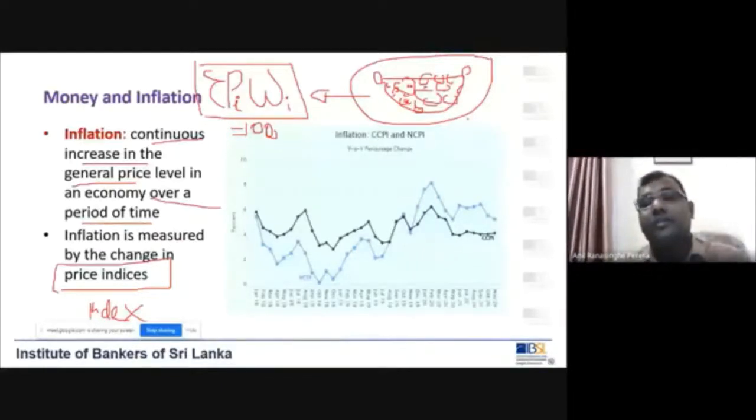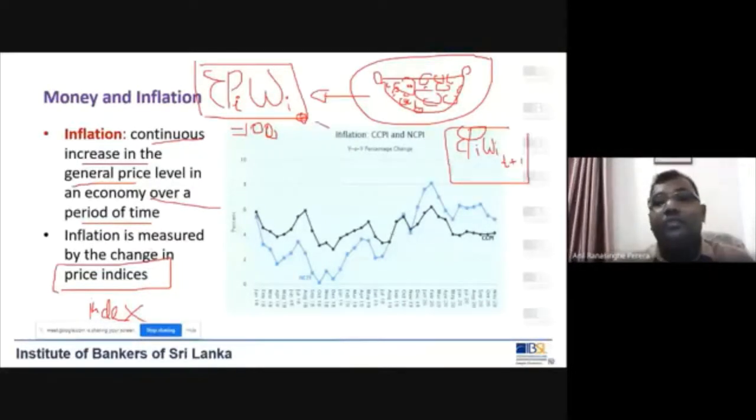Based on the index, how do you measure the price increase? To do that, you have to take another year. So let's say this is the base year, year 0. You calculate the same price of the basket for another period, let's say it is time t plus 1. If you see a difference between these two, that is the price change.